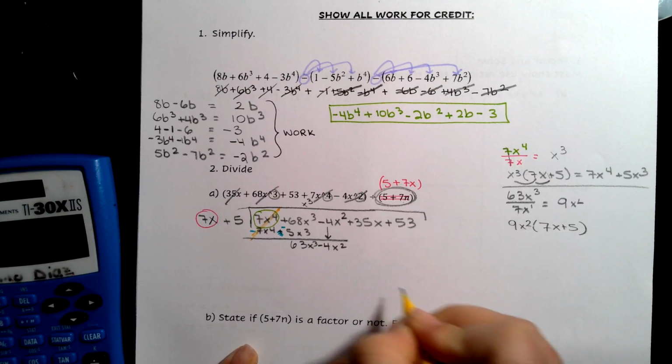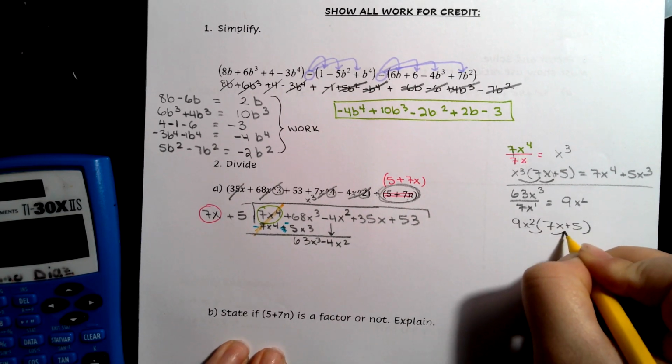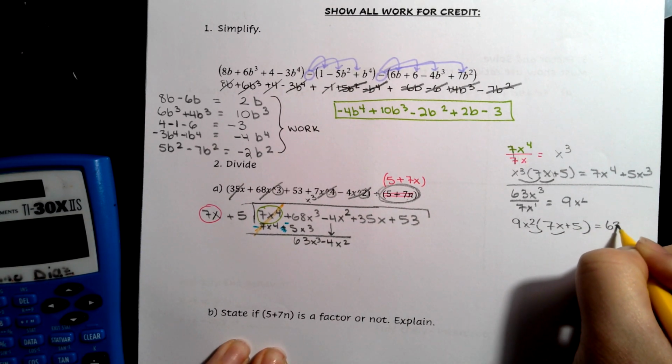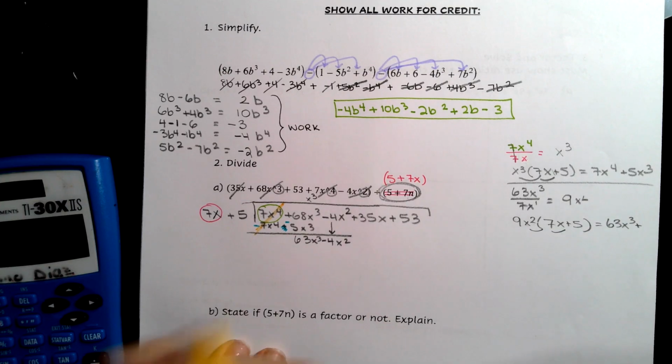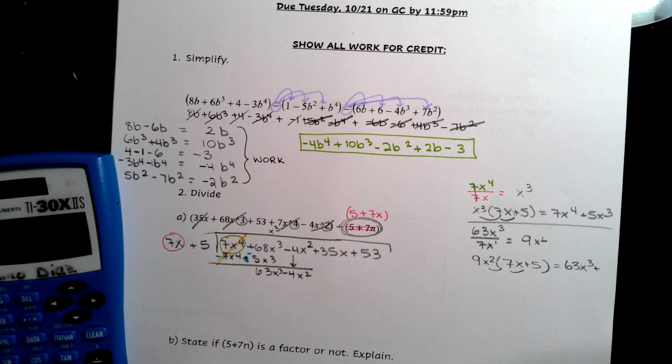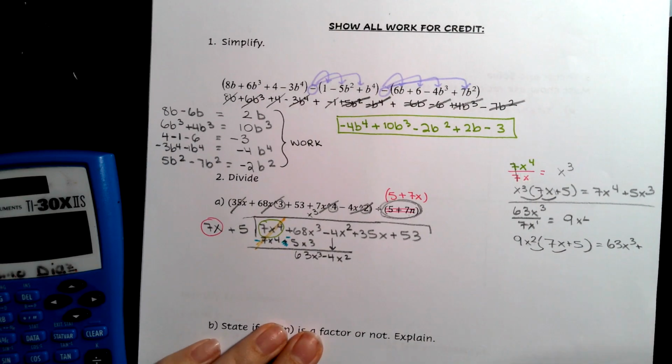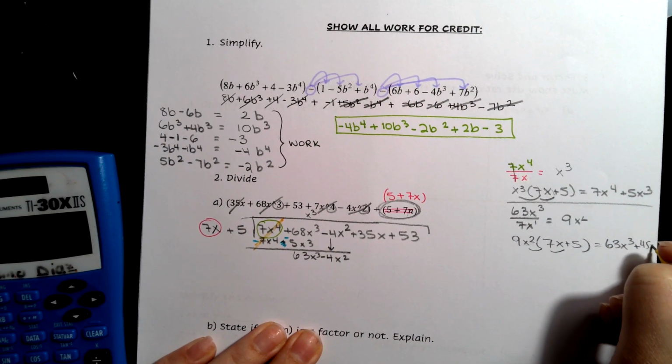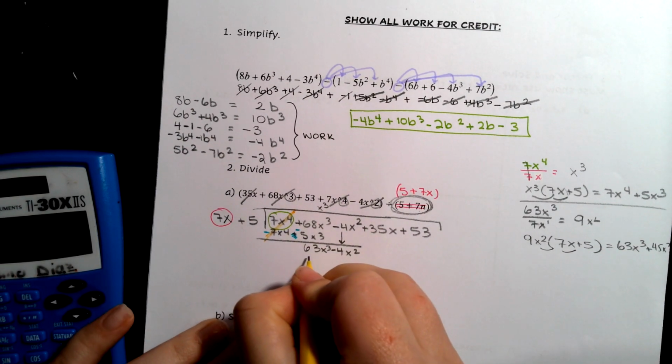So this pattern is going to continue multiple times. 9 times 5 is 45. Copy and paste that.